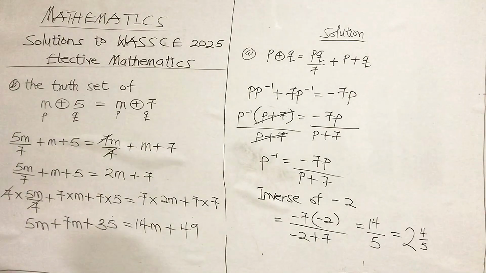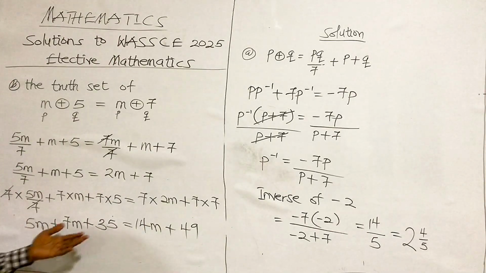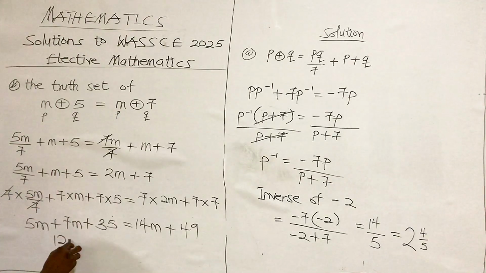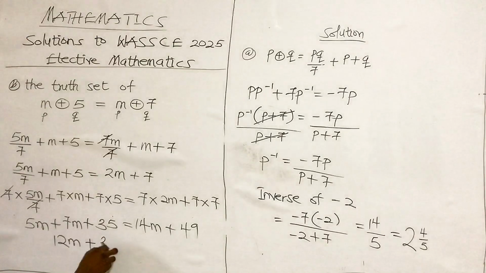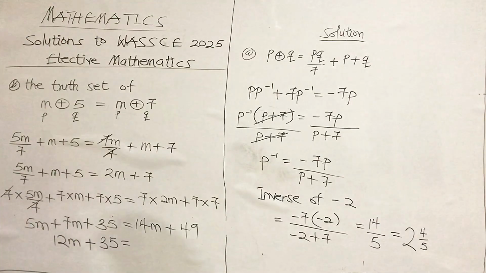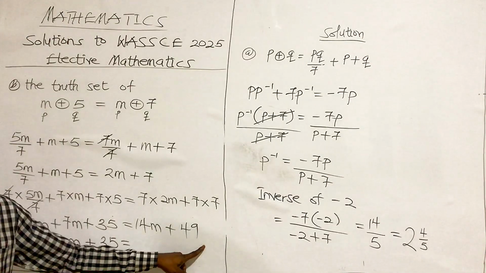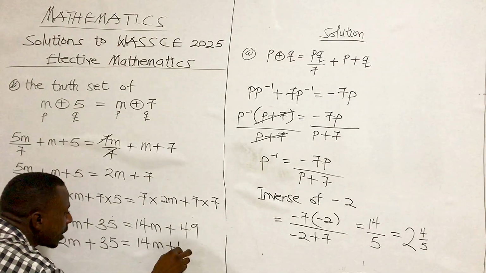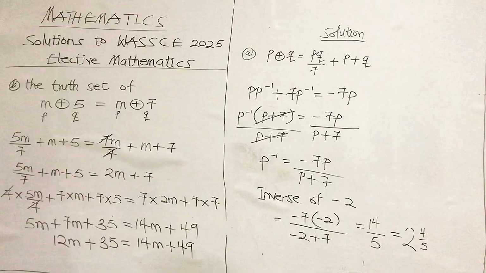So from here, we are going to continue with the simplification. 5m plus 7m, we have 12m plus 35 is equal to, then we continue with the rest, which is 14m plus 49. So now we are going to move on.